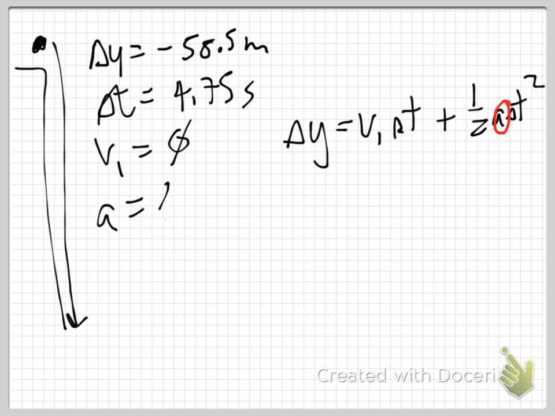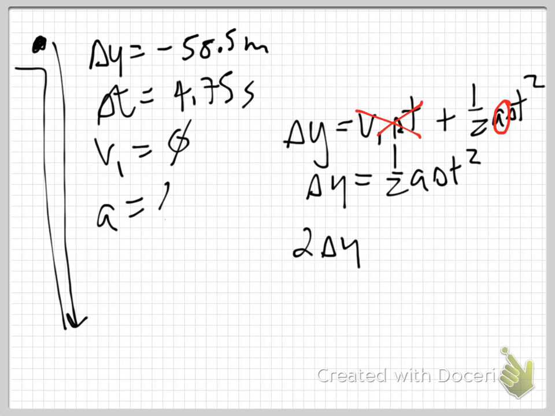So to rearrange that, the first thing you can do, because vi is 0, we know that's going to go away. And you're welcome to make that disappear. And then delta y equals 1/2 a delta t squared. 2 delta y divided by a, square root equals... oh, geez. What did I just do?